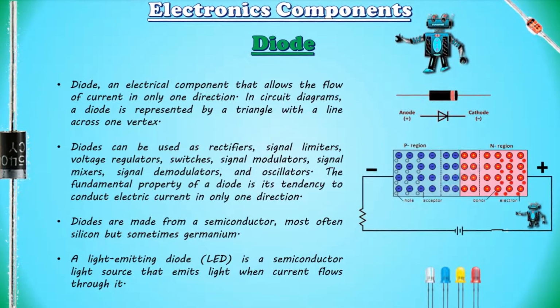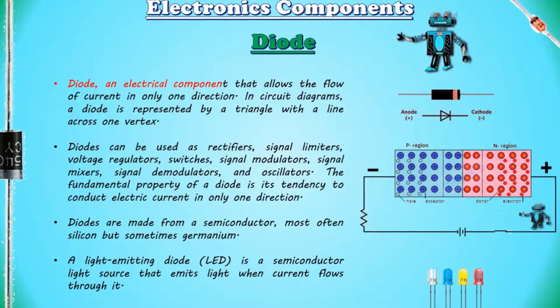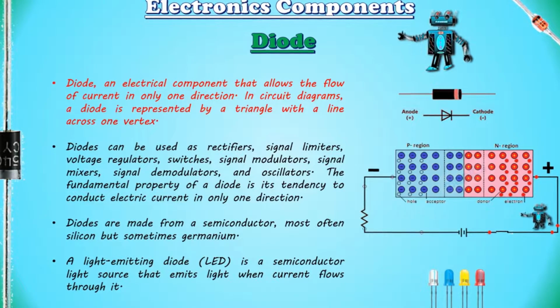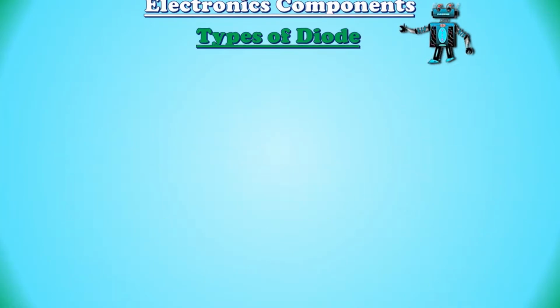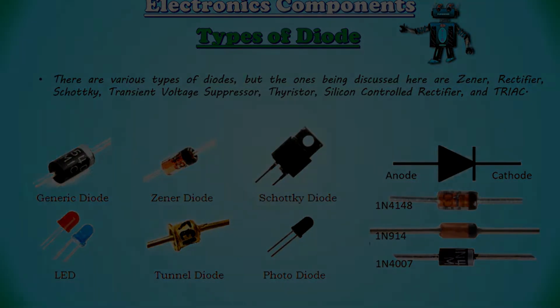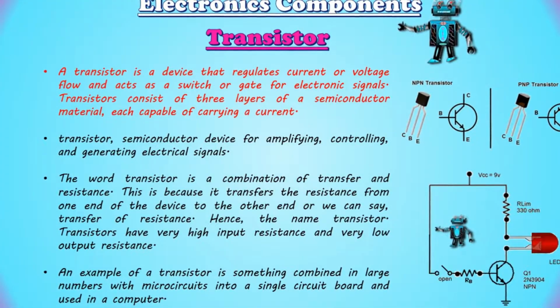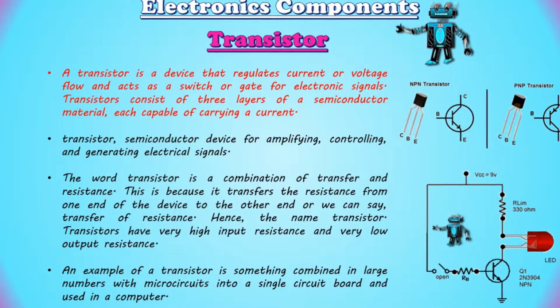A diode is an electronic component that only allows current to flow in one direction. A transistor is a semiconductor device used to amplify or switch electronic signals.